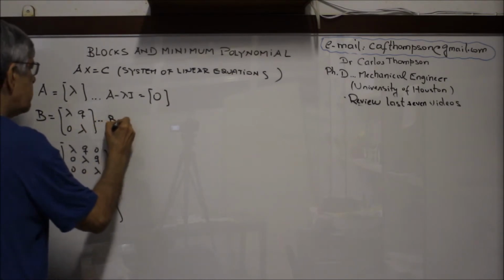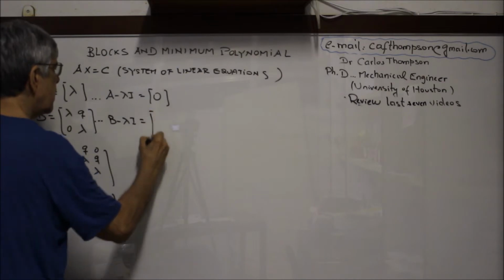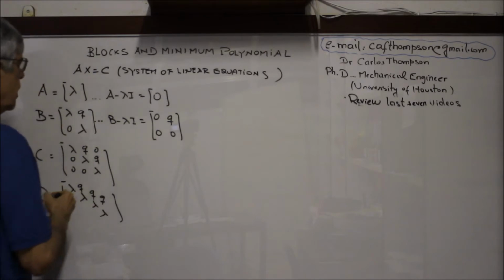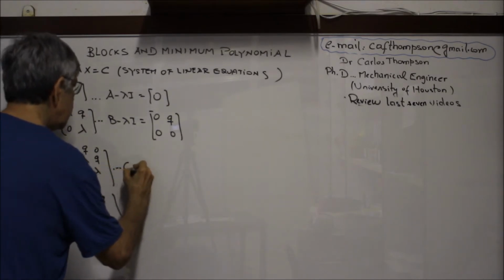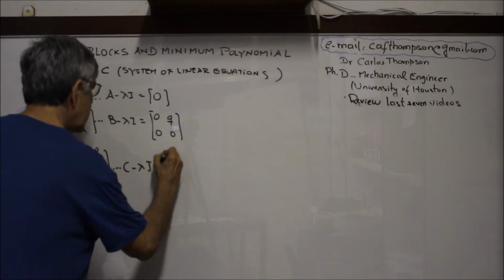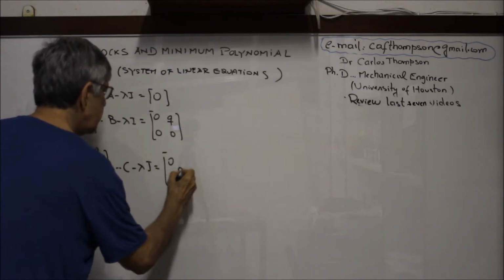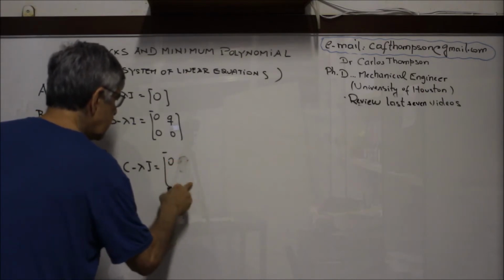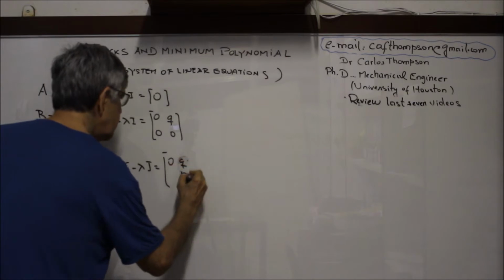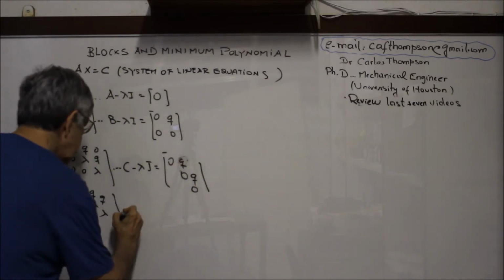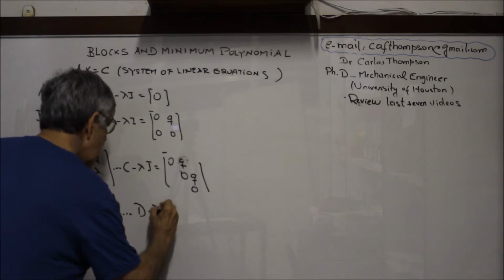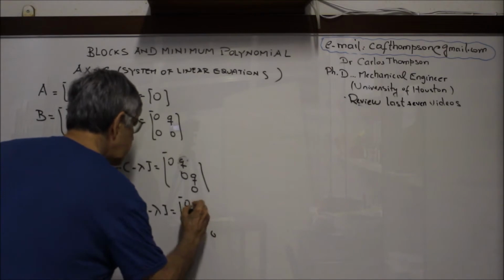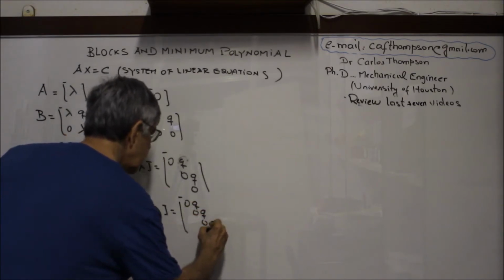This is B minus lambda I: 0, 0, 0, and Q. Now, this is C minus lambda I: 0, 0, 0, Q, and Q. This is D minus lambda I: 0, 0, 0, 0, Q, Q, and Q.